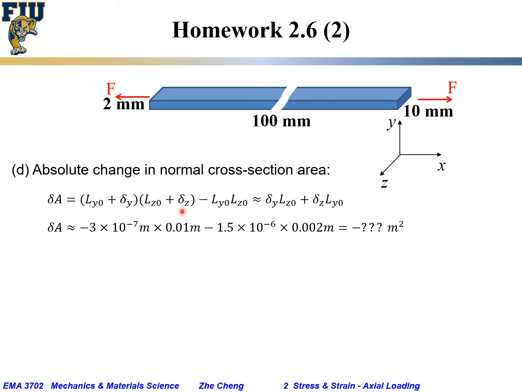The delta y delta z term is second order, which is very small, so it got neglected. So it would approximately be delta y times Lz0 plus delta z times Ly0. From previous, you know delta y, you know delta z, you know Ly0 and Lz0, you plug the number in, and you would get the absolute change in the sample's normal cross-section area due to the tensile force, and it's going to be a very small number.